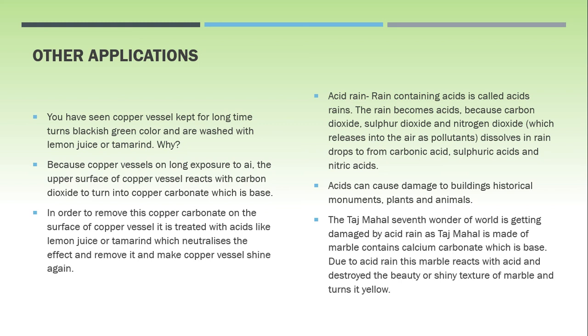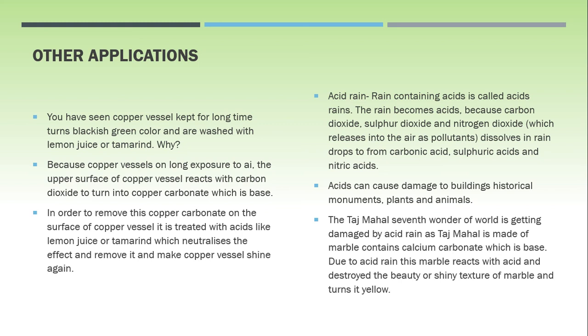Now, how is it happening? We know that the Taj Mahal is made of marble. This marble contains calcium carbonate, and this calcium carbonate is nothing but a base. And we know what will happen if a base comes in contact with acid.